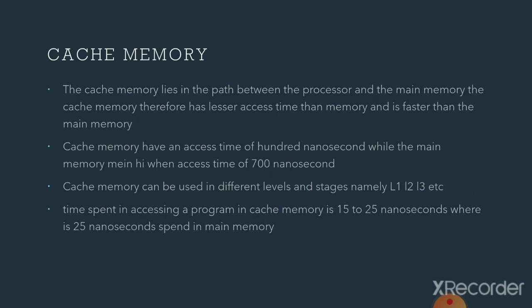Okay, next topic is cache memory. Along with the processor and main memory, or we can say RAM, there is a small memory between the CPU, or inside the CPU, and main memory. This memory is used to make your execution faster.